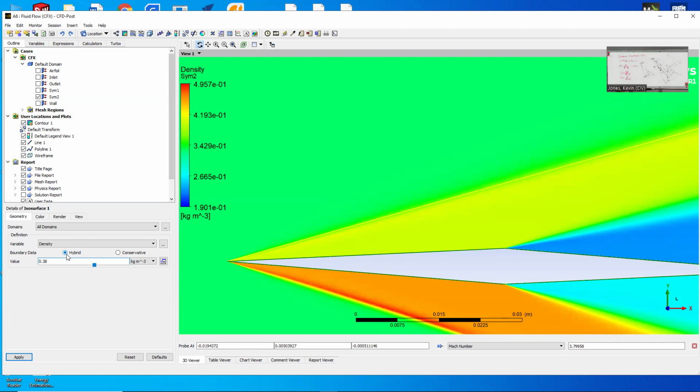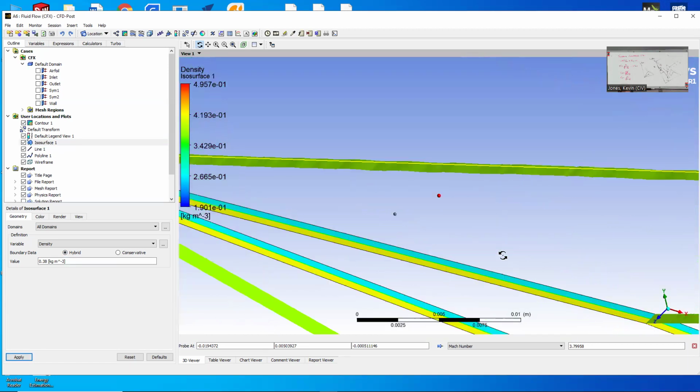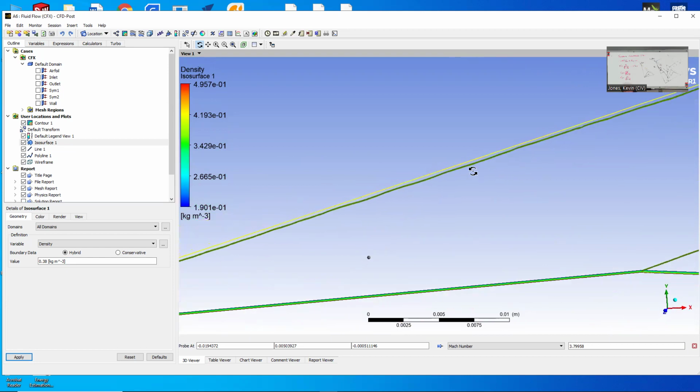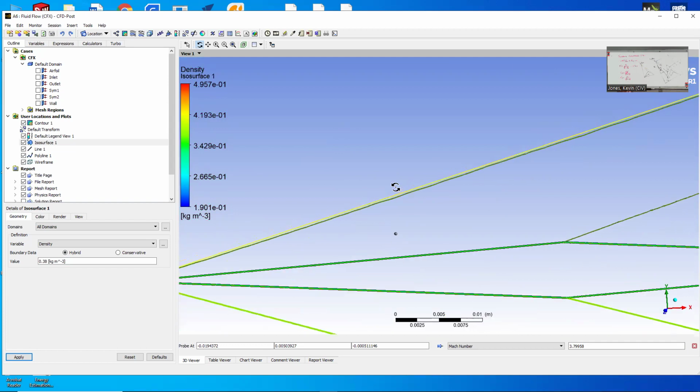Something that's kind of in between the high and low shock. Let's turn it off. So this surface is about in the middle of the shock. So you could use that, I guess, to help guide the line. When you do the waverider problem, you can actually do a really good job of throwing a surface on the shock there.